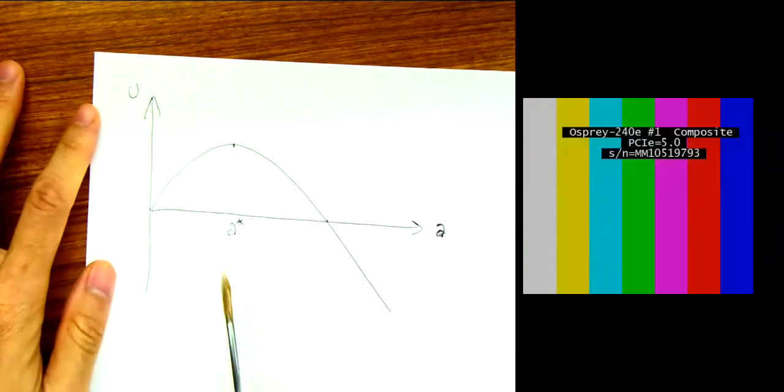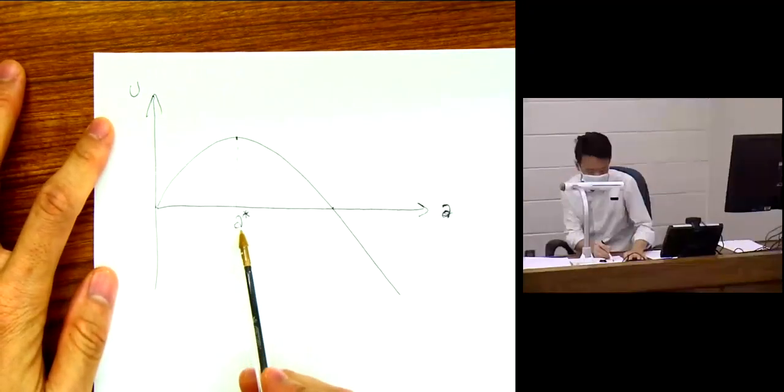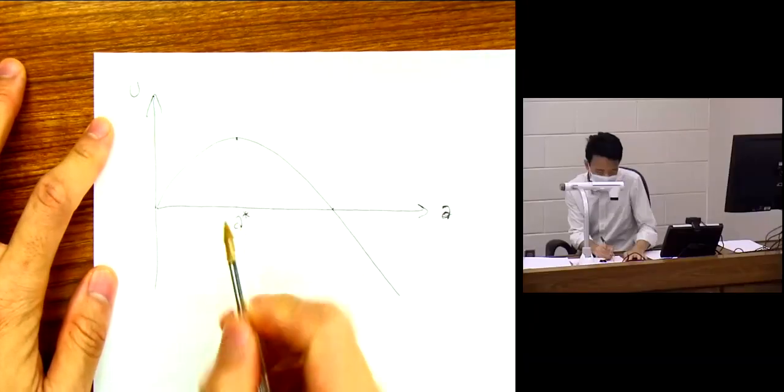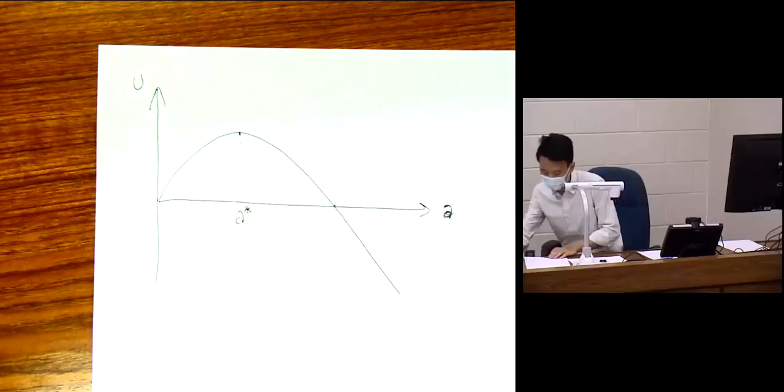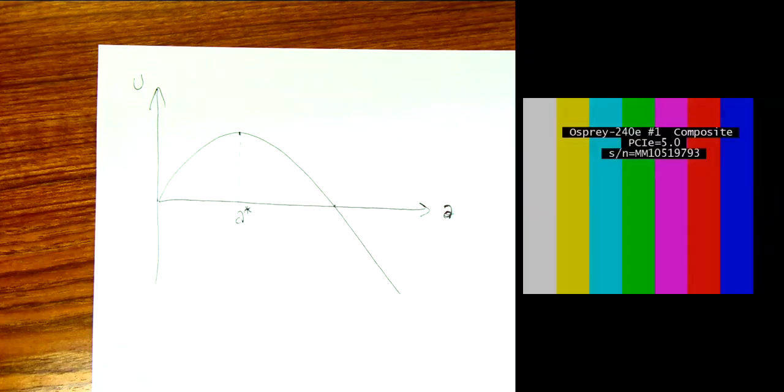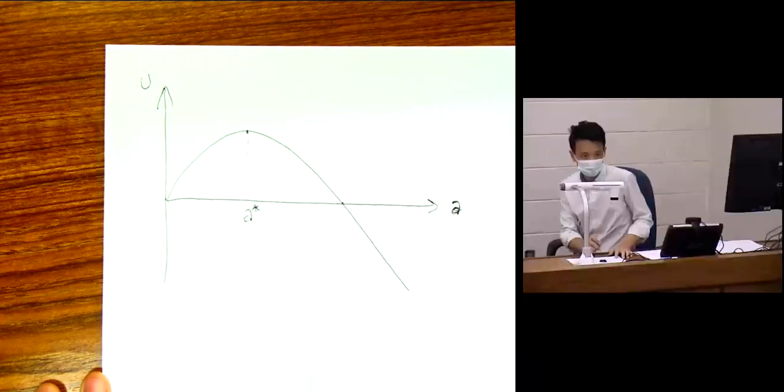And corresponding to that peak, there is going to be the flaw size. I'm calling it A star. Okay. Now this A star has some physical significance. But first of all, let's discuss this plot.